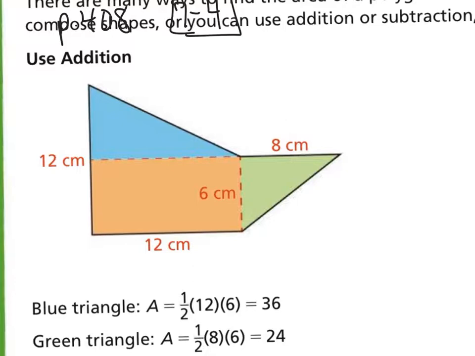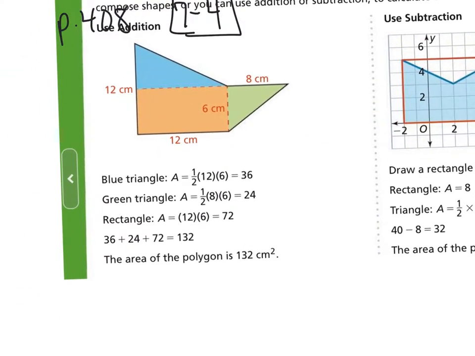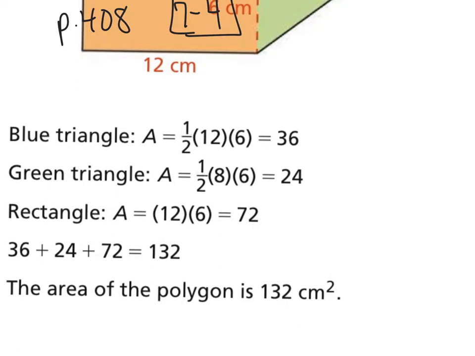So like in this example, we could break this apart into two triangles and a rectangle. Again, you will be given the formulas for finding the areas of these shapes, but you'll need to write down the formula, substitute into the formula, and then to make things quicker, maybe you could use a calculator to work those out.